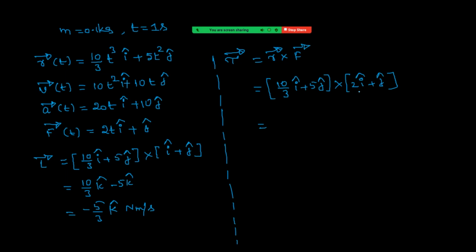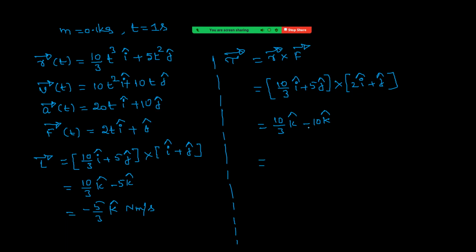Then see now, I cap cross I cap is 0, I cap cross j cap is k cap, 10 by 3 k cap. 5 j cap cross 2 I cap, j cap cross I cap is minus k cap, minus 5 times 2, 10 k cap.